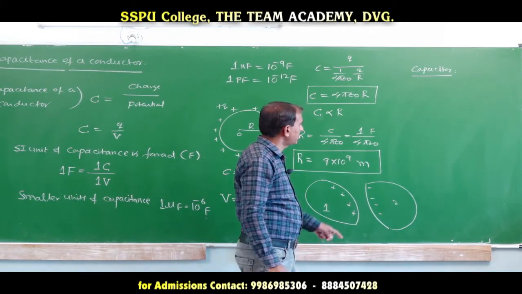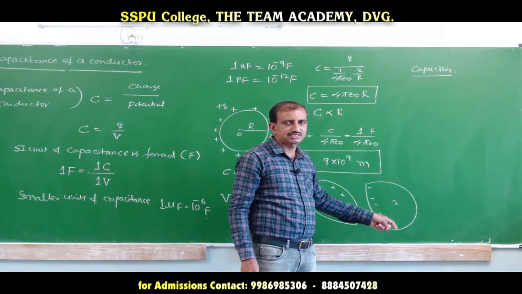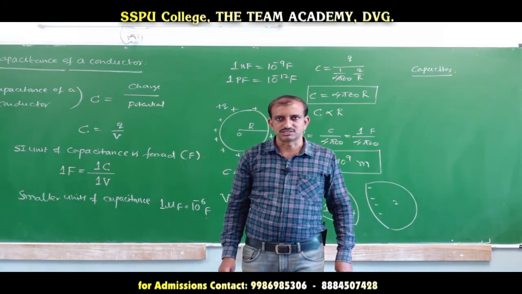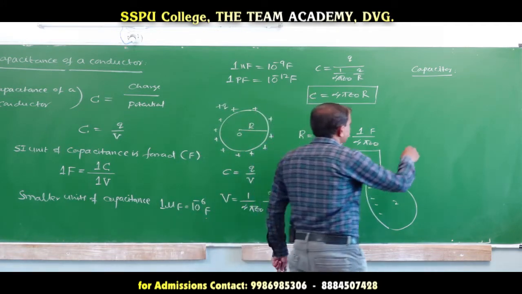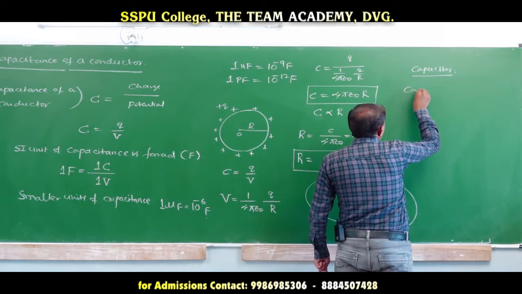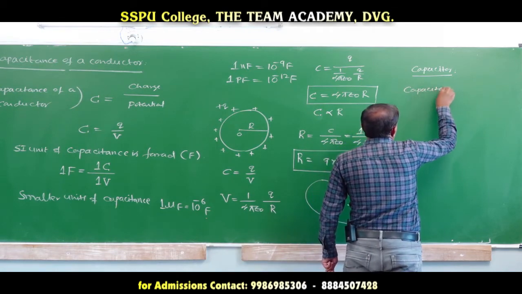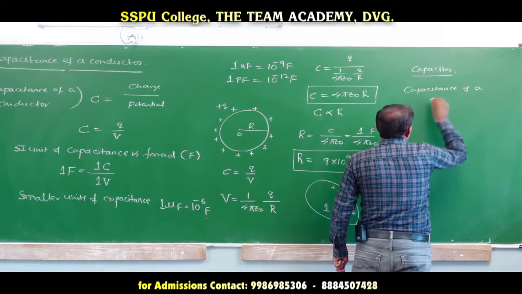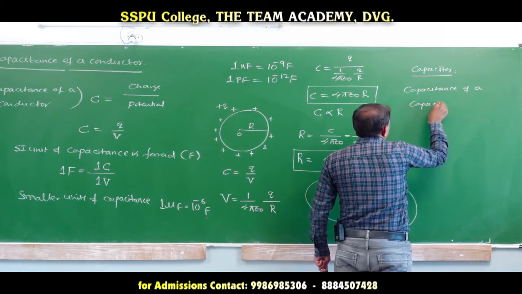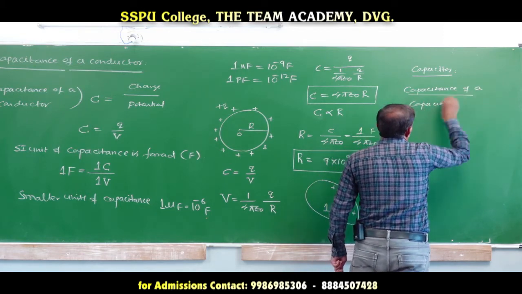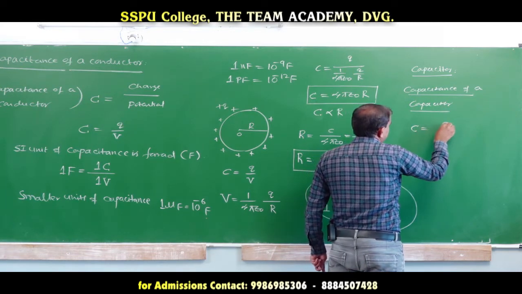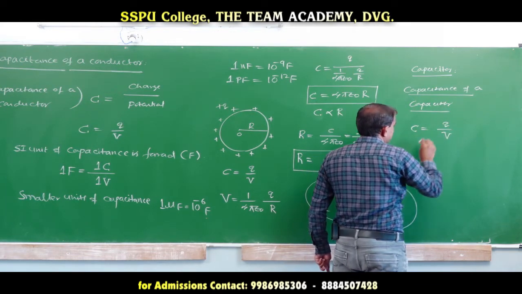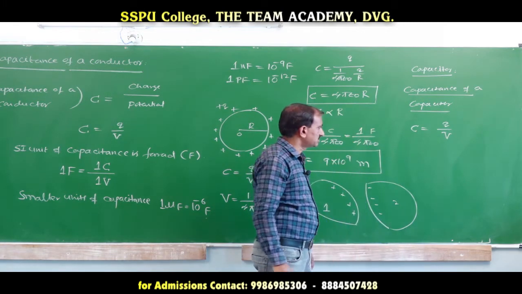The capacitance of a capacitor is defined as the ratio of the charge given to the capacitor to the potential V by which it is raised. This is called the capacitance of the capacitor.